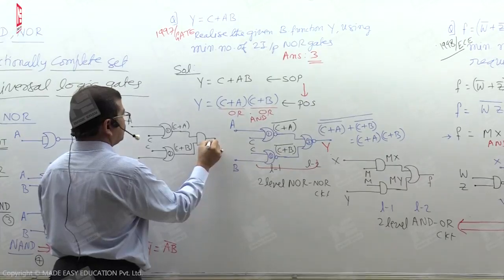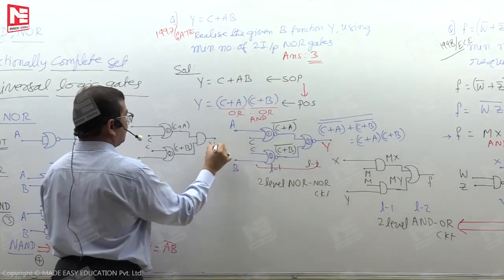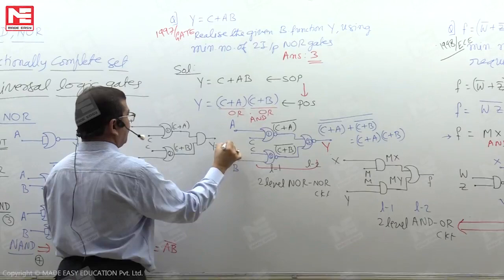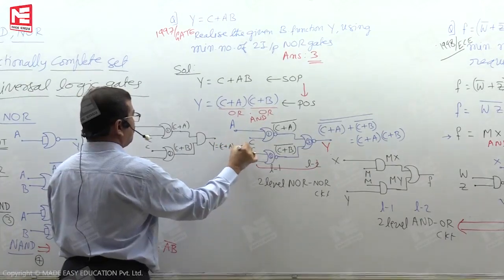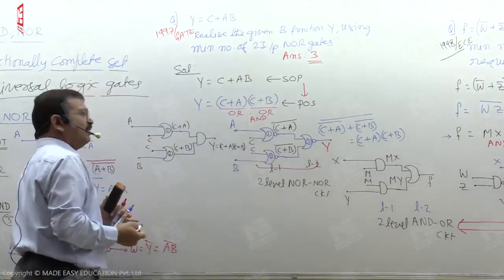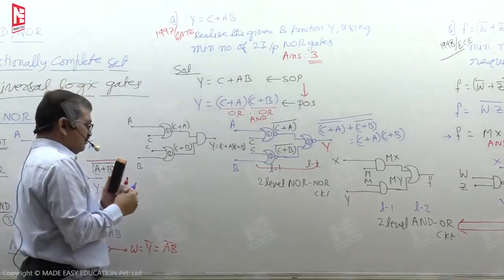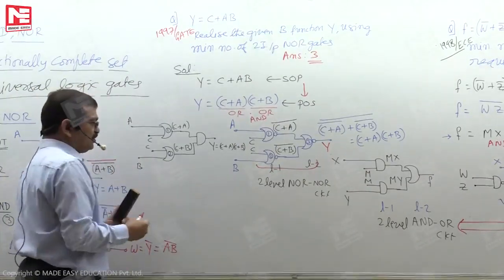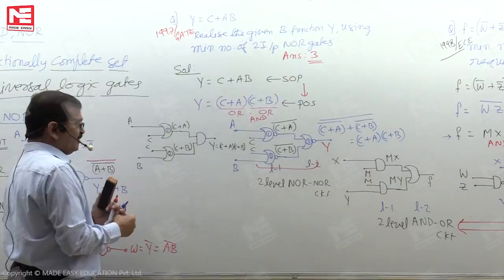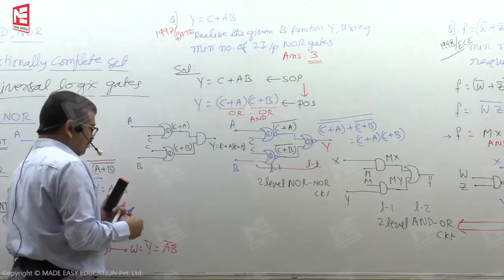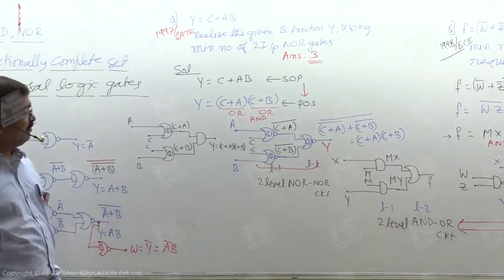Then we have Y as (C OR A) AND (C OR B). It is also a 2-level circuit, with OR gates at level 1 and an AND gate at level 2.